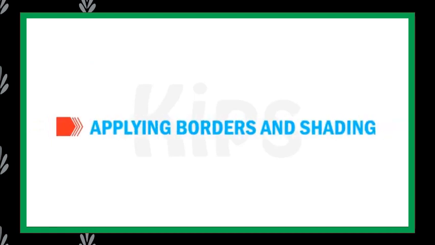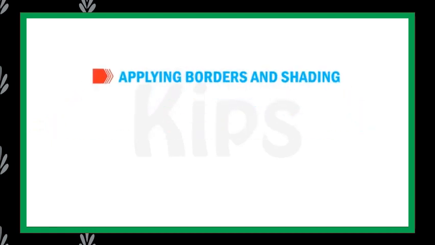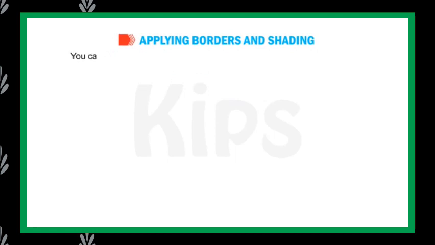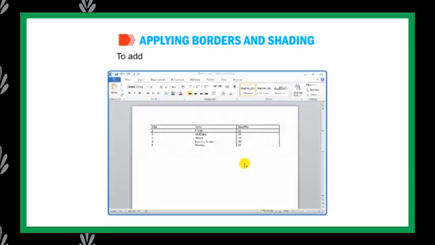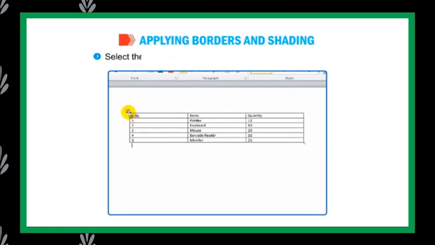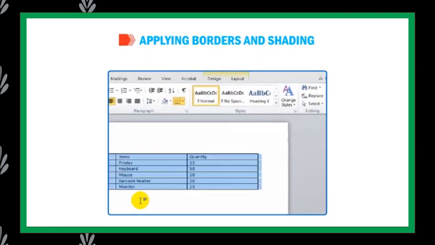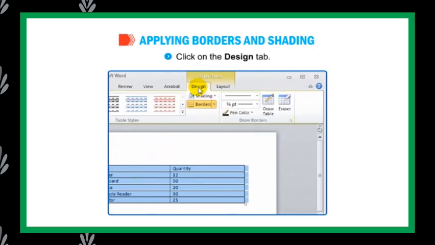Alright, let us now find out how to apply borders and shading. You can enhance the appearance of a table by applying a variety of borders and shading styles. To add borders and shading, follow the given steps. Select the entire table by clicking on the Table Move handle. Click on Design tab.